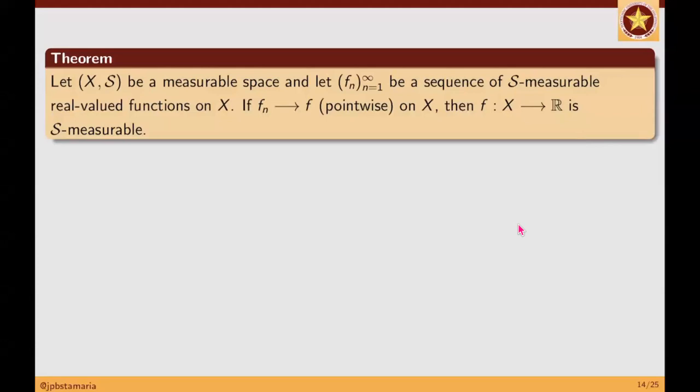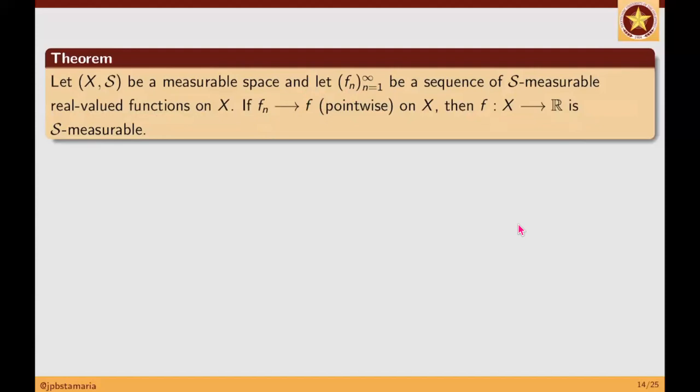In this case, we're talking about measurability. So the theorem says, if Fn is a sequence of S-measurable real valued functions on X, all of these measurable, and if Fn converges to F pointwise on X, then the pointwise limit F is also measurable.